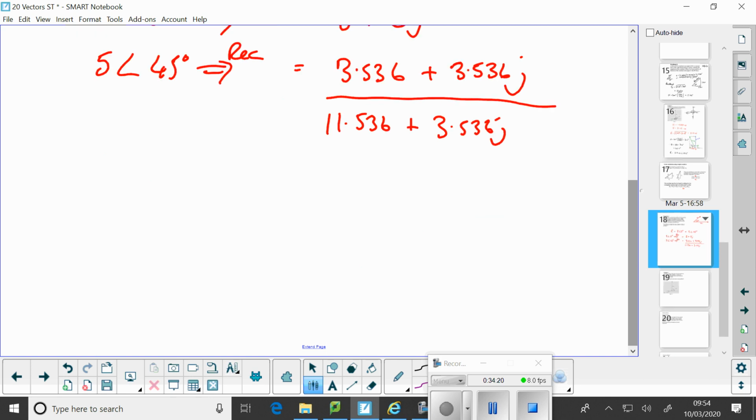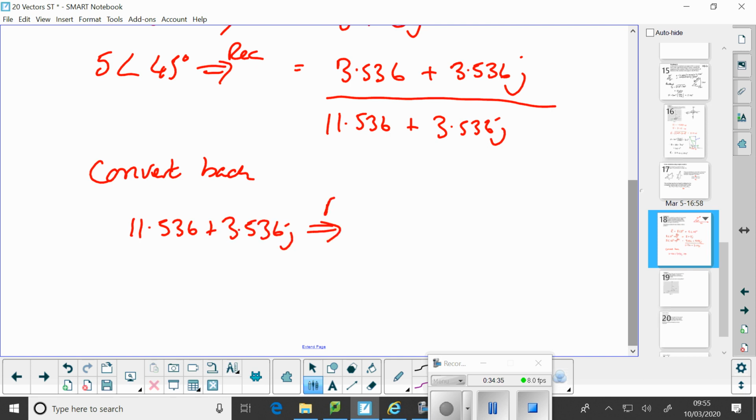And then we convert back. So we go 11.536 plus 3.536j, convert to polar, equals. Now I've got 12.07, make sure you get this answer, and that'll be newtons, angle 17.04.